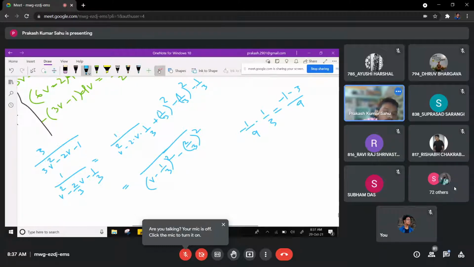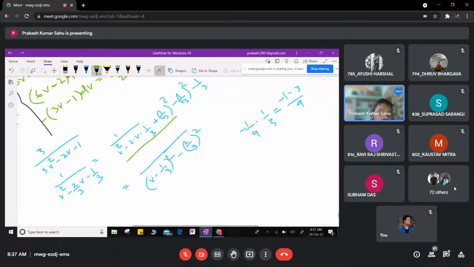Now this term is what, this is v minus 1 by 3 square minus, ये दोनों को कैलकुलेट करोगे तो ये हो जाएगा माइनस 2 by 3 square. Is it correct? And your numerator will be 1.